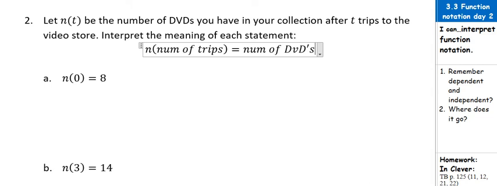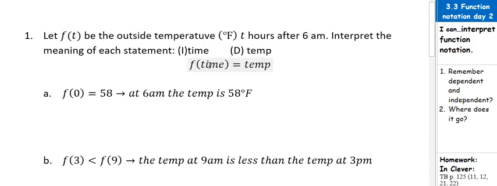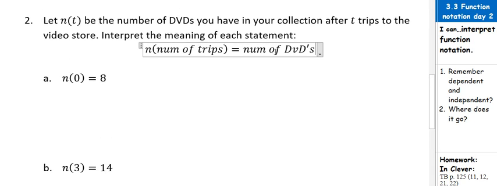Which makes sense because our number of DVDs is dependent upon the number of trips we took to the store. Just like up here, we said the temperature was dependent upon the time. The number of DVDs is dependent upon the number of trips. So 0 means how many trips, and number of DVDs is 8.